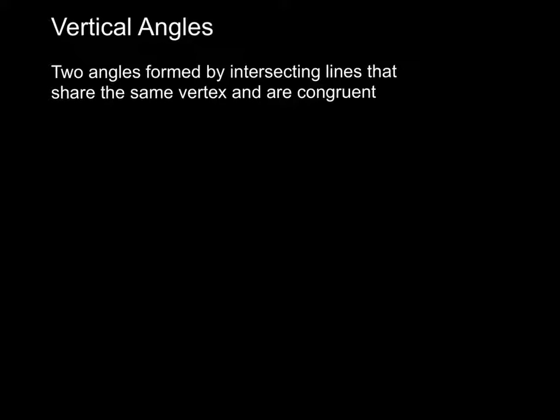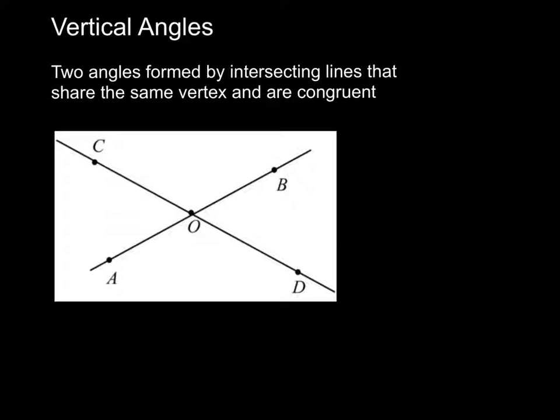Our first angle pair relationship are vertical angles. Vertical angles are two angles formed by intersecting lines that share the same vertex and are congruent. So if we take a look, we actually have an example of two pairs of vertical angles.